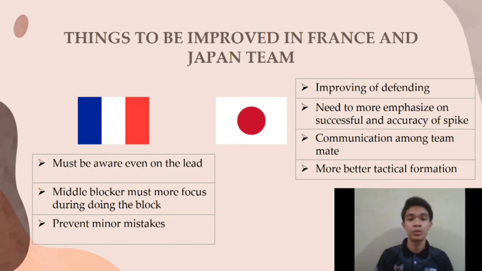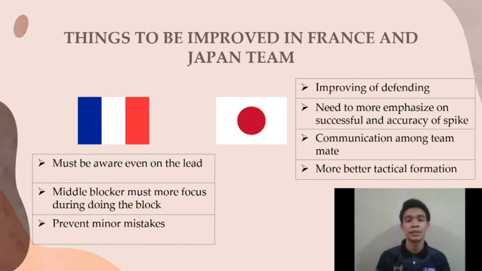Next, we're moving to the slide of things to be improved for the France and Japan teams. For France, they must stay alert even when they are leading. Even though they have won the first set, they must set in their mind that the game is not over yet. This can be seen after the second set, where France is more unaware against Japan.